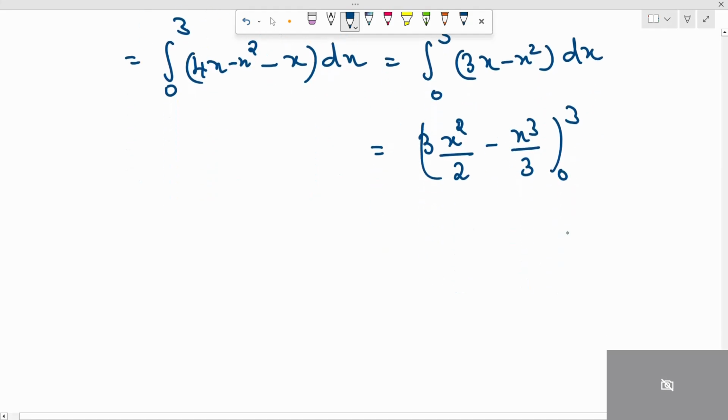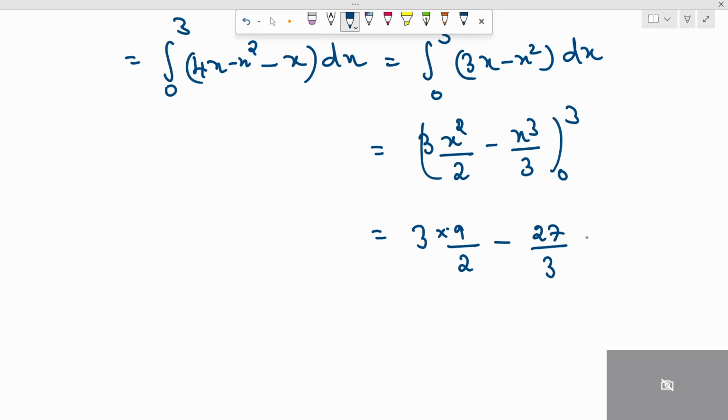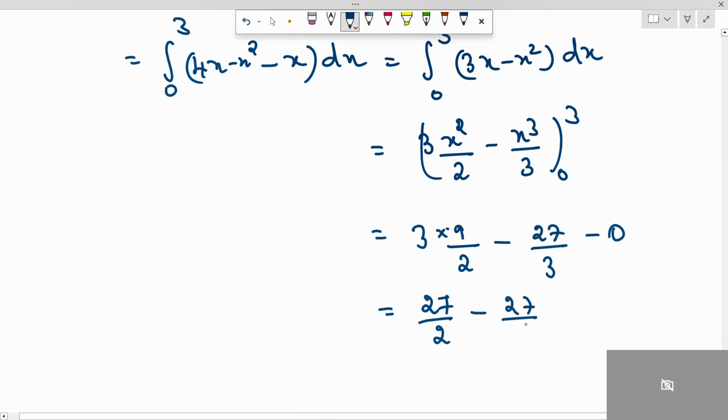Okay. Now substitute, first apply upper limit value 3 in x, which is 3 into 3 square by 2, 3 square is nothing but 9, minus 3 cube by 3, 3 cube is 27. Then apply lower limit values, both are 0 only. Okay. 3 9s are 27. 27 by 2 minus 27 by 3.